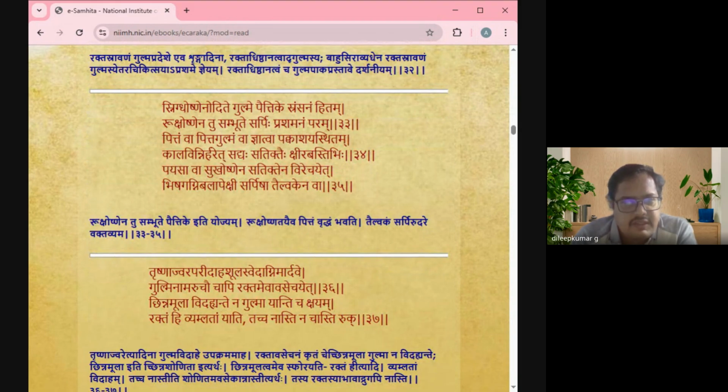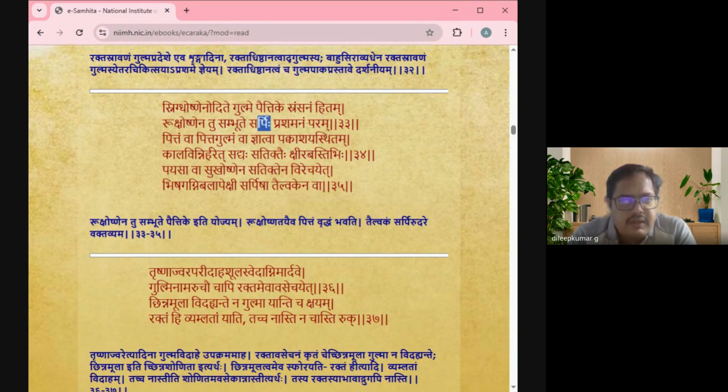Next is Pittaja Gulma. Snigdhoshnena udite gulme paitike stramsanam hitam. In Pittaja Gulma, if it is because of Snigdha and Ushna nature, you go for Stramsana, a mild virechana. If there is involvement of Ruksha and Ushna type of pathology, you should go for Sarpi.